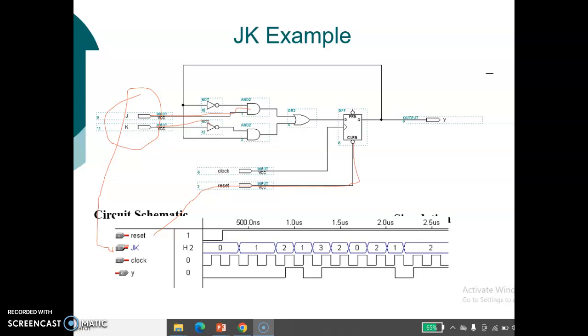This is the feedback. What is this here? The present state given as feedback.